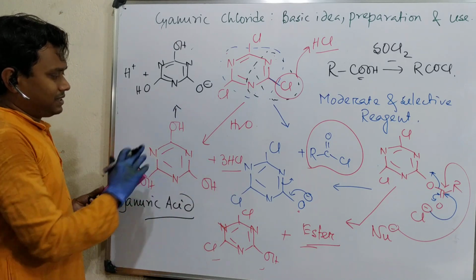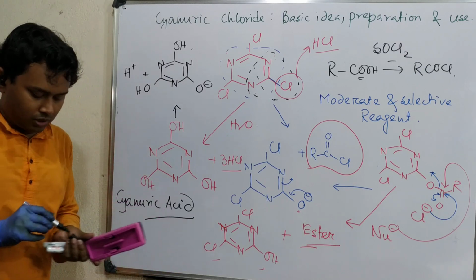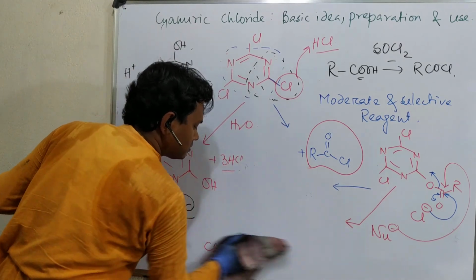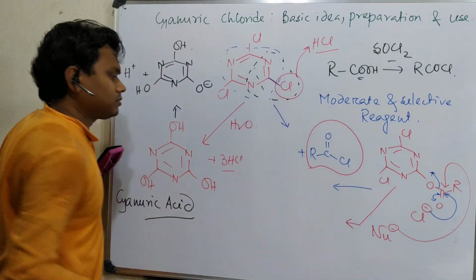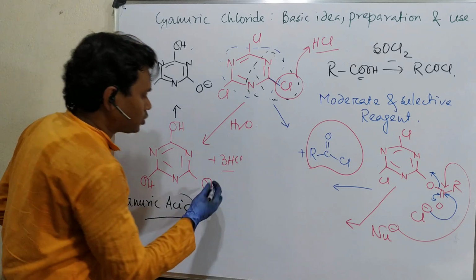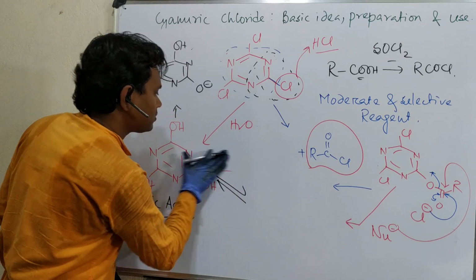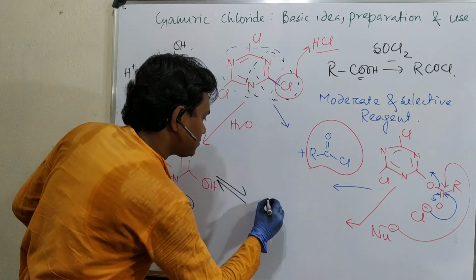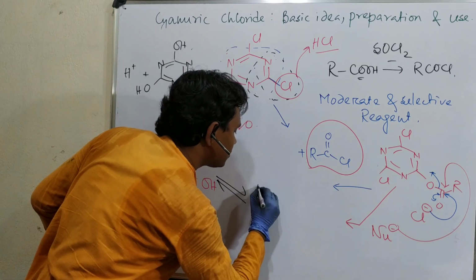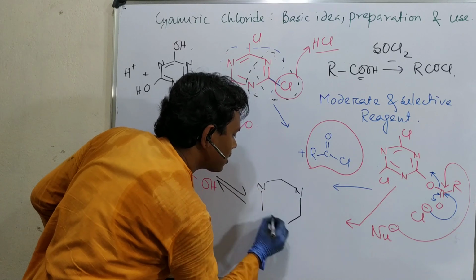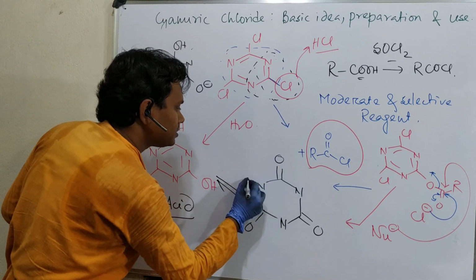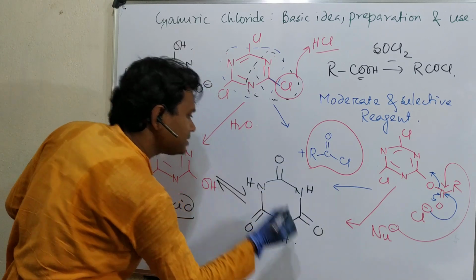Not only this, this molecule can remain in its tautomer. Tautomer means, see, it's an enol you can consider, and you need to consider the corresponding keto. So keep the 3 double bonds, and its contribution is significantly high.